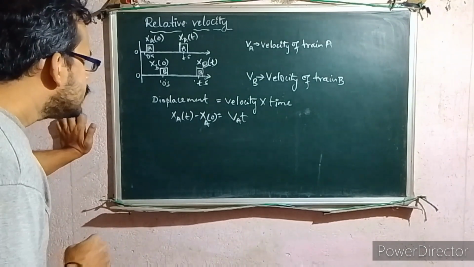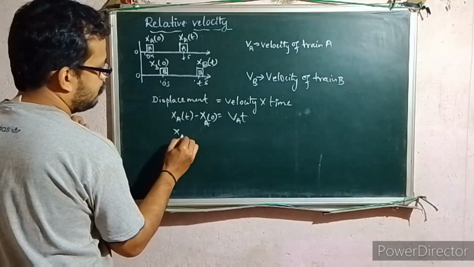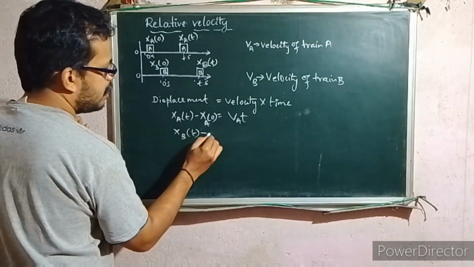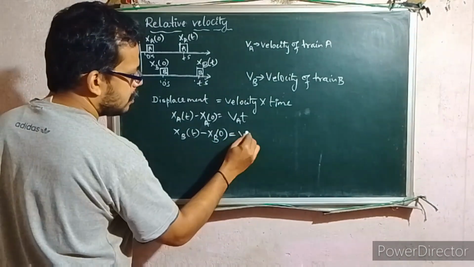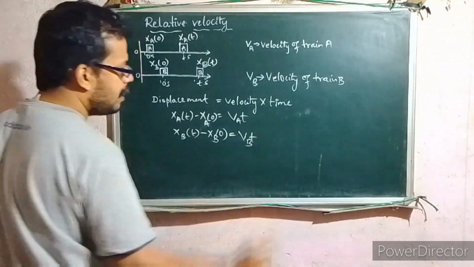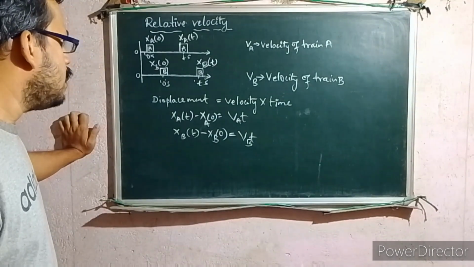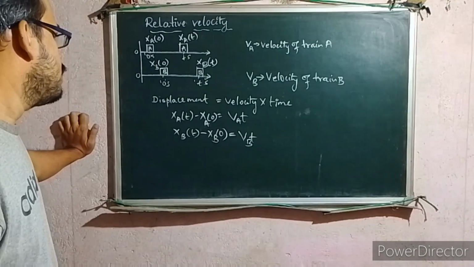Yes, correct. Similarly for train B, XB of t minus XB of 0 is nothing but VB into t. The time is the same, so these are the displacements of the respective trains.